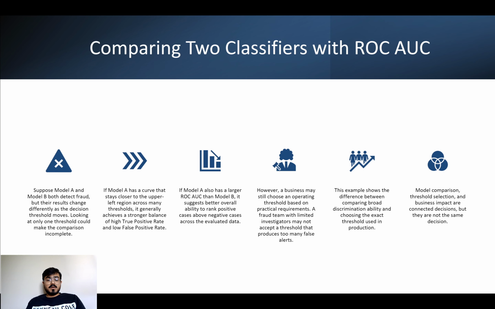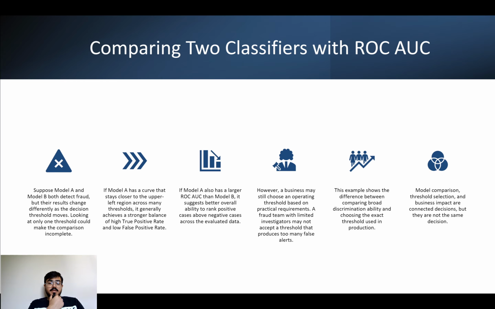One way to answer this is by comparing their ROC curves and AUC values. Imagine model A has an ROC curve that stays closer to the upper left corner of the graph than model B. This tells us that across many different threshold values, model A is generally better at detecting fraud while keeping false alarms lower. If model A also has a higher AUC, it suggests that the model has a stronger overall ability to separate fraudulent transactions from normal ones.